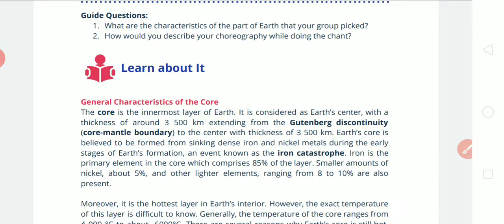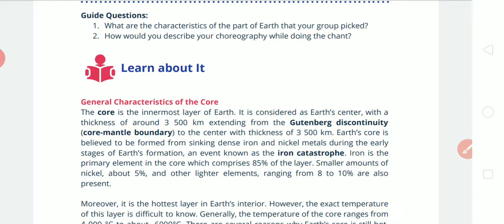It extends from the Gutenberg discontinuity, or the boundary between the mantle and the core, up until the center, or the very center of the inner core.